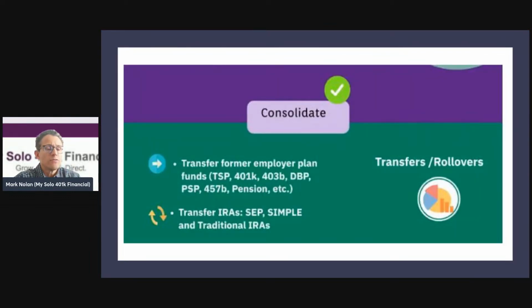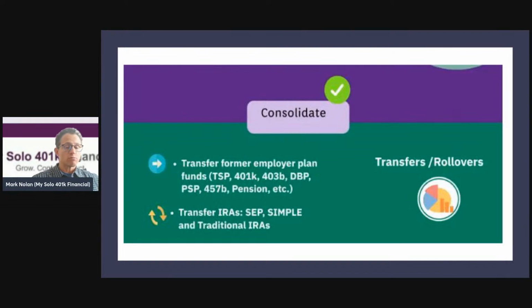Another feature of the self-directed 401k, also known as a solo 401k plan, is that you can consolidate retirement plans, such as a former employer plan, whether it's a 401k, a defined benefit plan, 403b, 457 governmental plan, thrift savings plan, or a pension. Those can all be transferred to the self-directed 401k, as well as traditional IRAs, SEP IRAs, and SIMPLE IRAs.